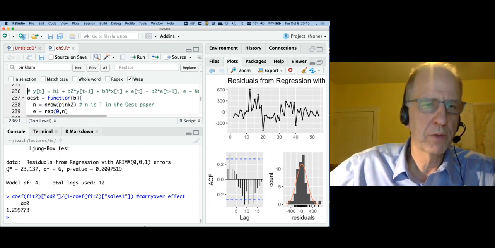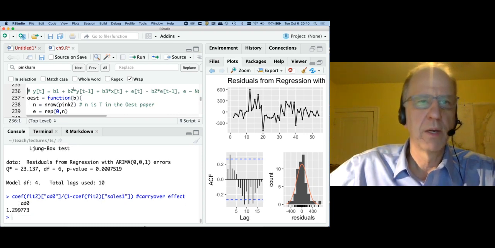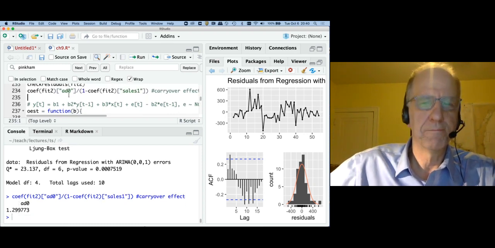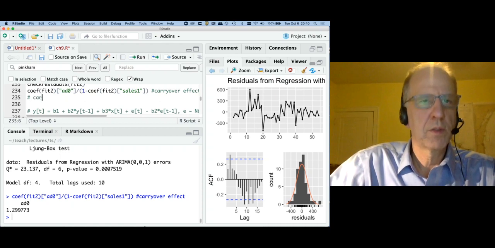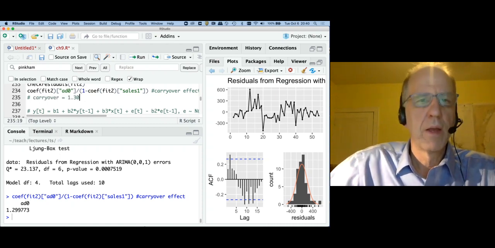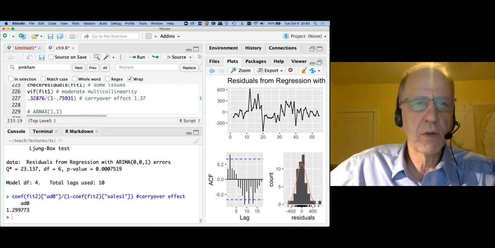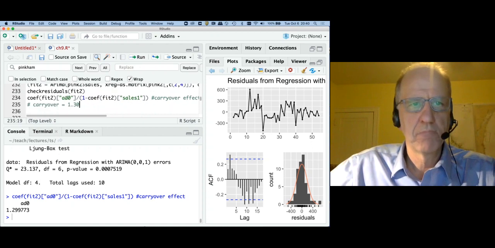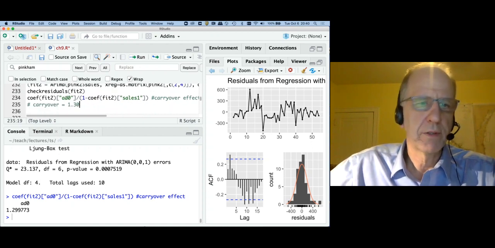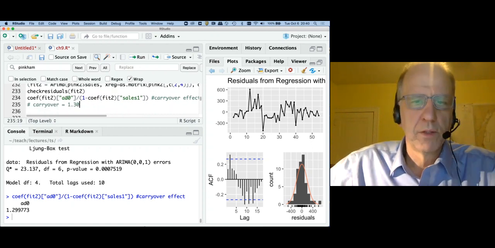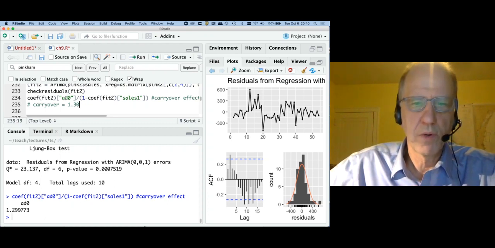So if I round to 2 decimal places, that would be 1.30. Let's just say carryover, because that's one word. And so that's roughly the same as the OLS estimate, not wildly different, and I guess that's believable. So I suspect the real effect of advertising is somewhere in this neighborhood of around 1.3 something or other.